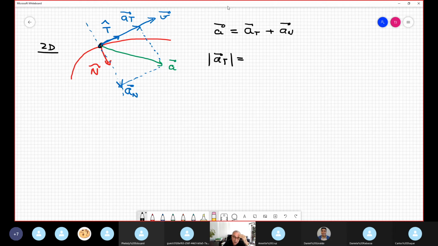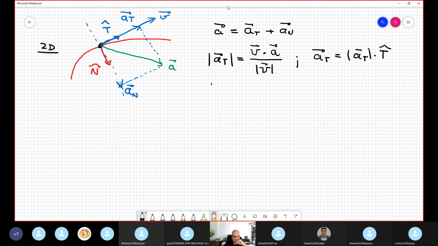You perform the dot product between velocity and acceleration, divided by the magnitude of the velocity. This is a scalar. So in order to find the actual vector, the only thing you should do is multiply the magnitude by the unit tangent vector.